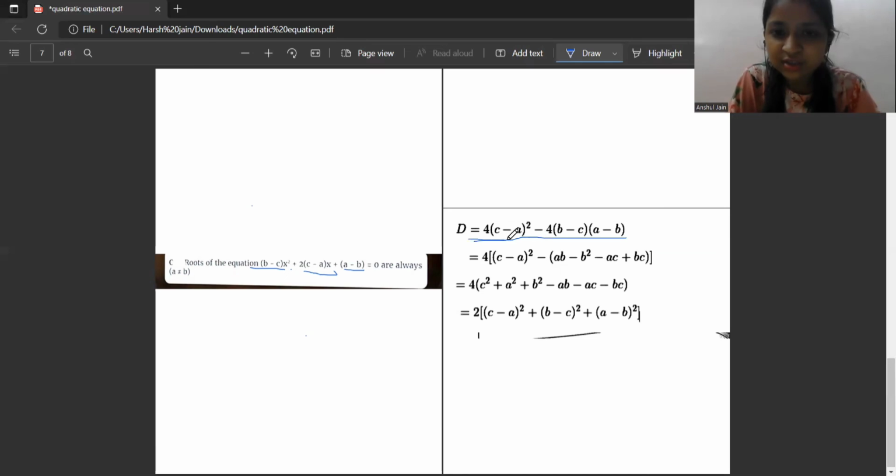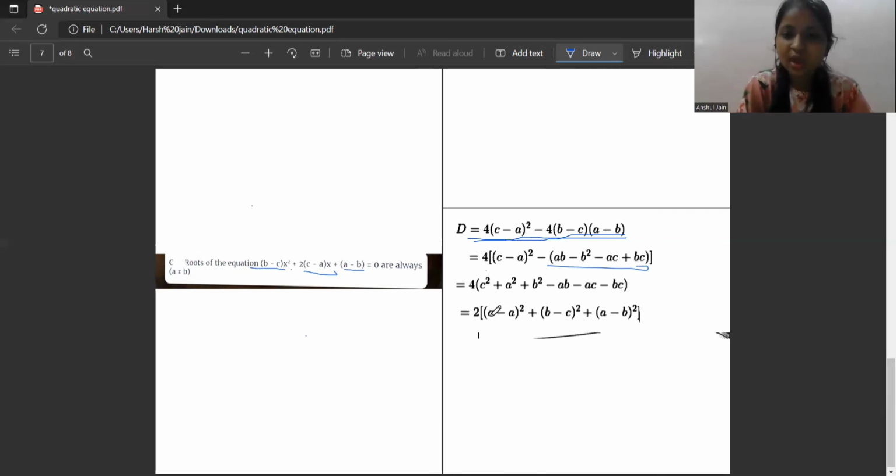So we get D is equal to 4(c minus a) square minus 4(b minus c)(a minus b), taking 4 common out of the bracket. 4(c minus a) square as it is we have written here, then (b minus c)(a minus b). On solving we get minus ab minus b square minus ac plus bc. Here it is, this term we get.